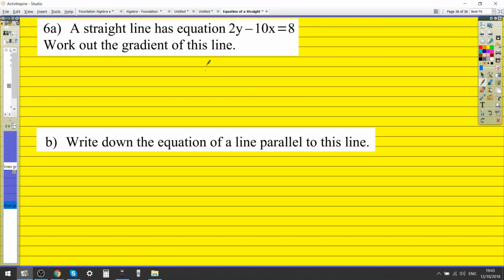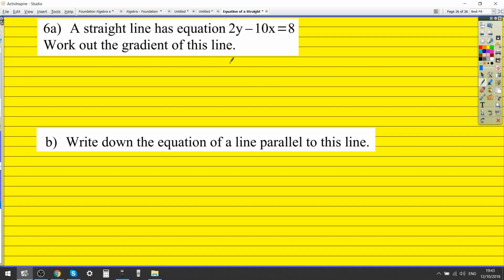Yeah. So would I do 8 plus 10x, and divide that by 2? Yeah. And that would be y equals 4 plus 5x. So it's 5.